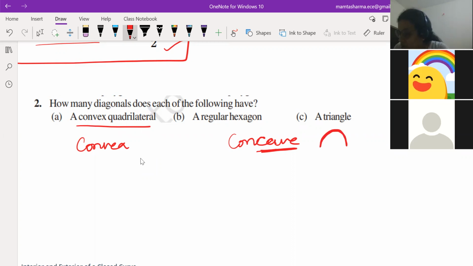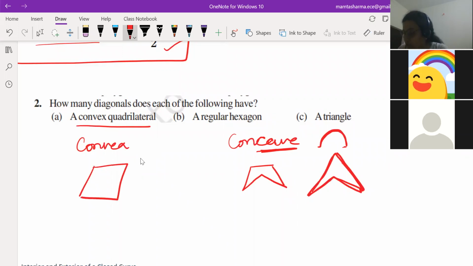So you can draw a quadrilateral in concave shape like this. This is the concave shape quadrilateral, and this will be the convex shape quadrilateral.